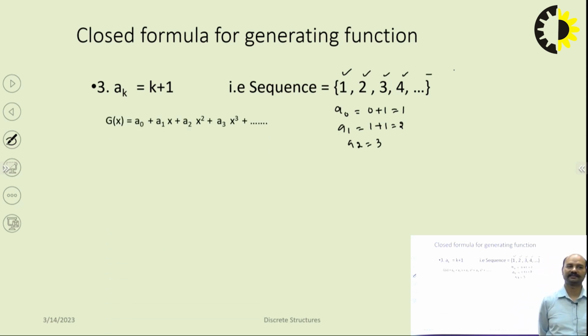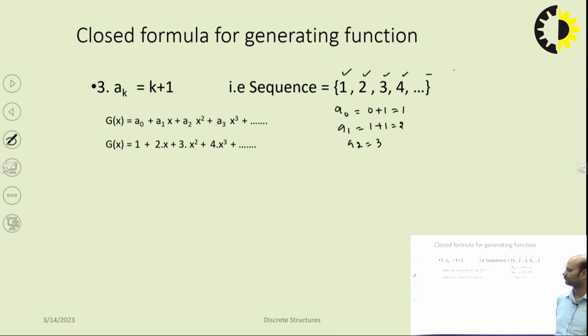So what is our generating function? That is a0 plus a1x plus a2x square plus a3x to the power 3 up to infinity, and we substitute the coefficients: 1 plus 2x plus 3x square plus 4x to the power 3 up to infinity.